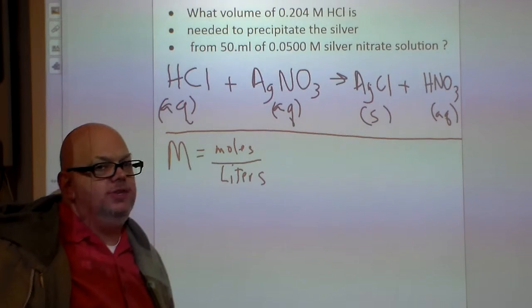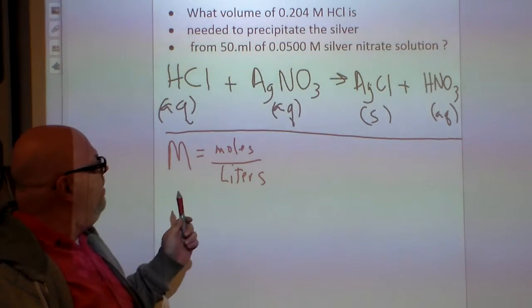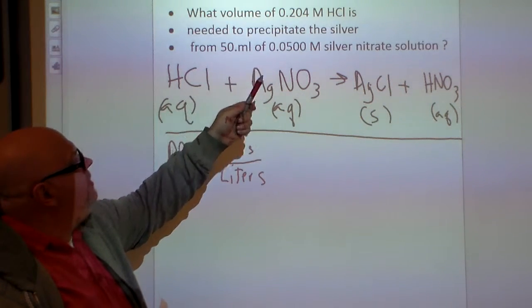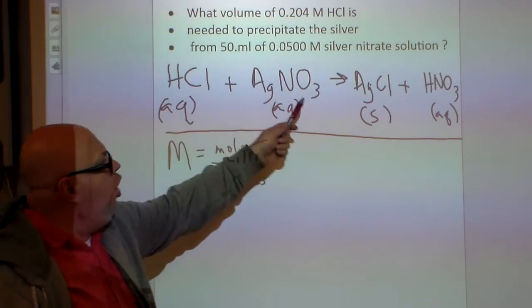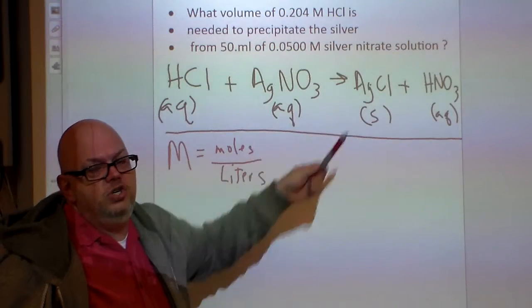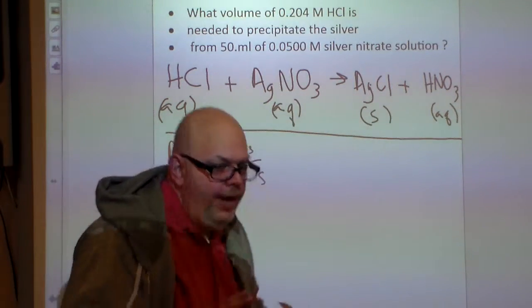That's the only way this is going to work. In this case, we have to figure out what volume of acid we need to take all the silver out of the nitrate and form the AgCl. That's the whole point.